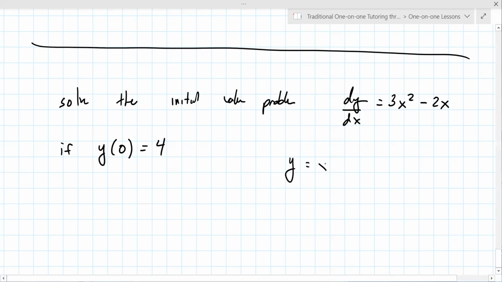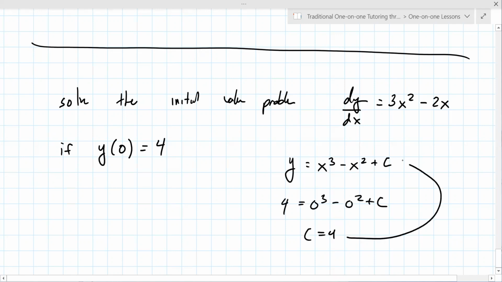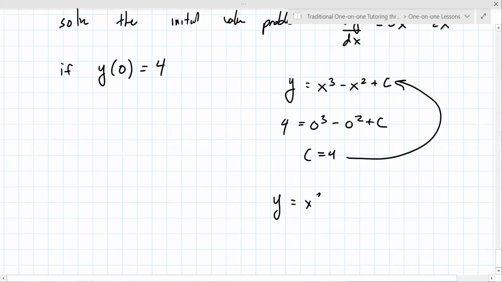Your y is x cubed minus x squared plus c. Then 4 equals, so 4 is c. Oh, you put it back with the antiderivative. Yes. Oh, okay, I found the right c. I just put it with the original, not the antiderivative. Got it. Okay.